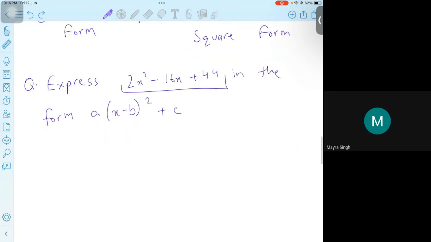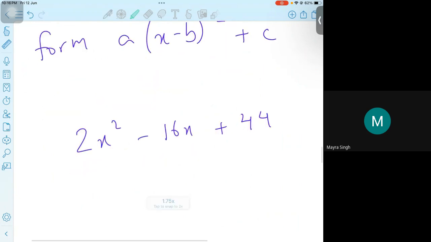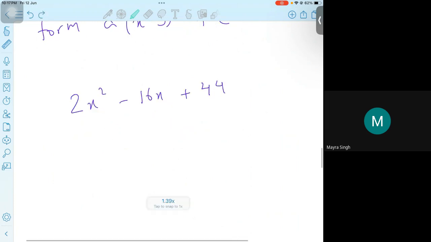Okay. So the first thing we have to do is always isolate. Let me just write the equation again. So we have 2x squared minus 16x plus 44. What I always recommend is you always isolate this x squared. Whatever is in front of this x squared, you divide the whole equation by that value. In this case, we have 2, right? So we're going to take 2 as common and divide the whole equation by 2.